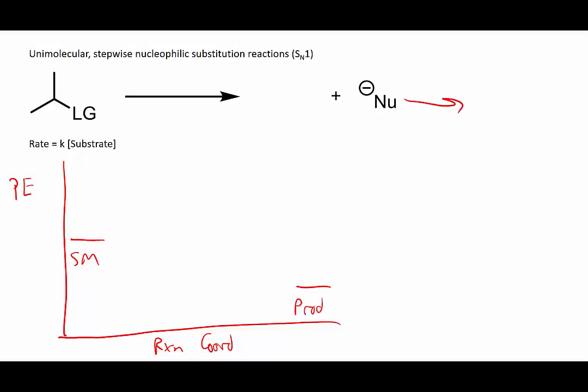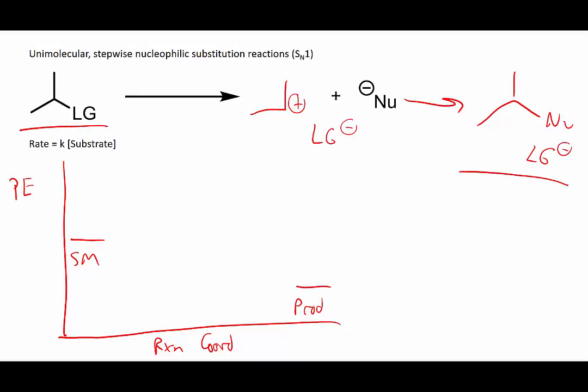And to fill this in over here, our product is the nucleophile added on to the substrate. Carbocation, leaving group with a negative charge. So we have our starting materials here, our products over here.